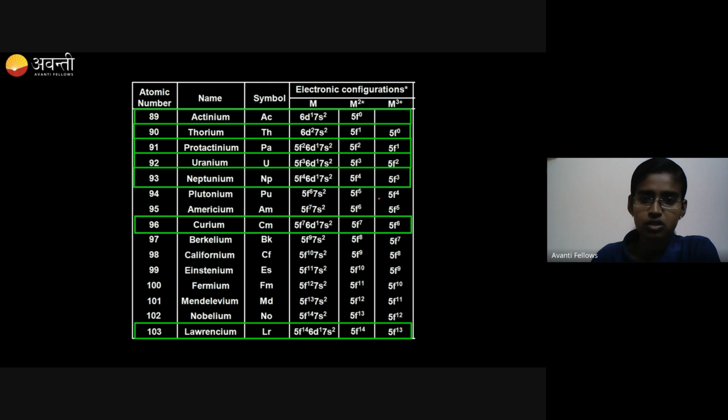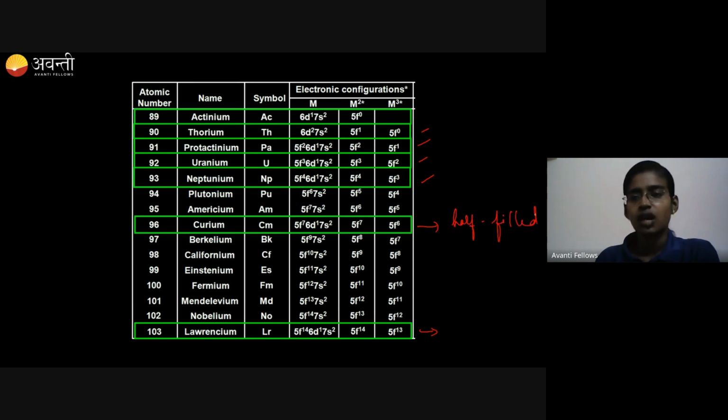You can see electrons are mostly added into the 6d orbital. In these cases, electrons are added to the 6d orbital instead of the 5f orbital. Why? For curium and lawrencium, we know the reason: it is due to the stability of half-filled configuration for curium and fully filled configuration for lawrencium. The electron is jumping into the 6d orbital.